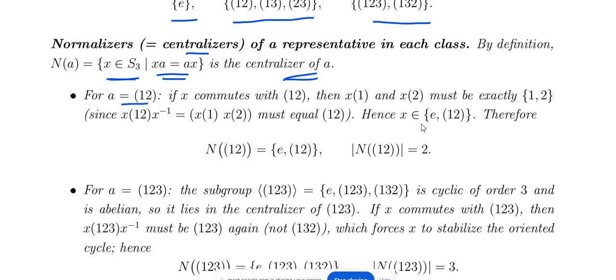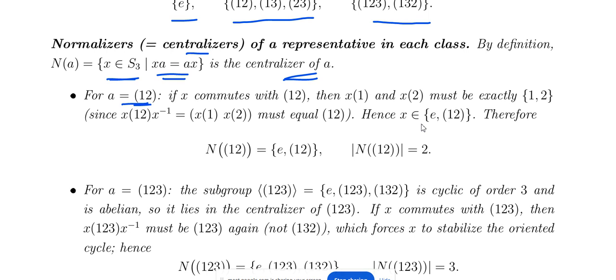And I take a equal to (1 2). If x commutes with (1 2), that means x(1 2) is equal to (1 2)x. So if x commutes with (1 2), then x of 1 and x of 2 must be exactly equal to (1 2).